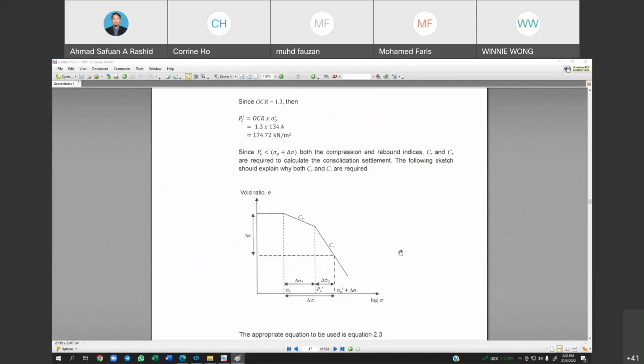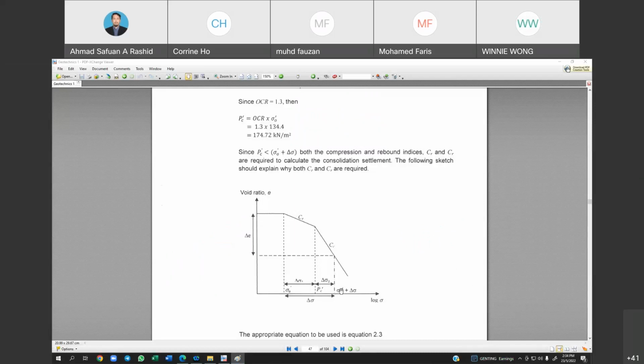As I told you previously, Dr. Kamaruddin has introduced delta sigma 1 and delta sigma 2. If you want to use this delta sigma 1 and delta sigma 2, you need to plot based on Dr. Kamaruddin's equations.